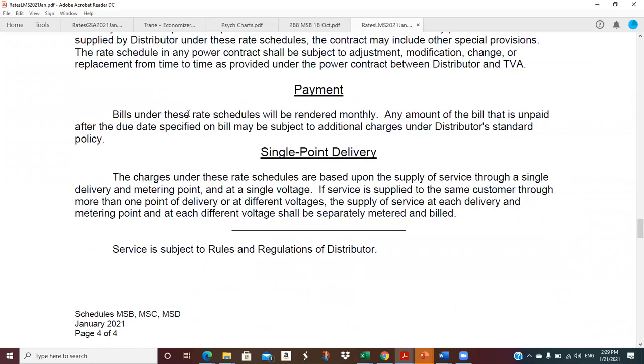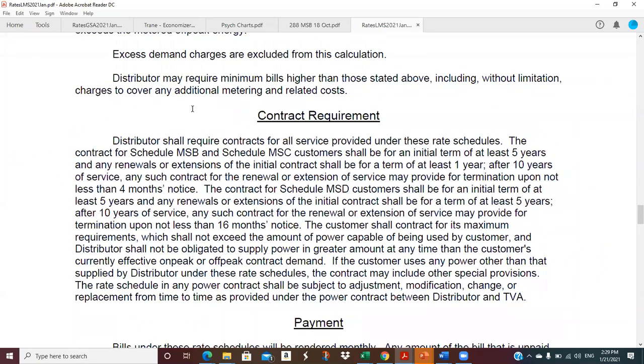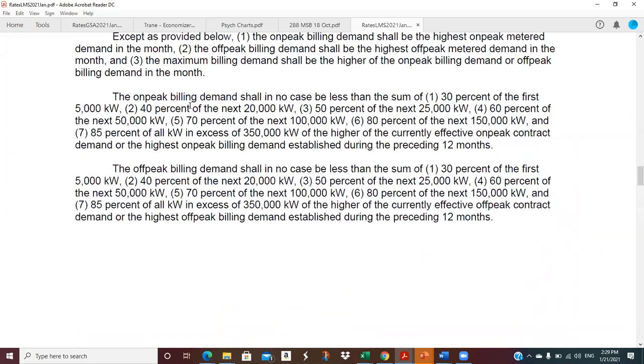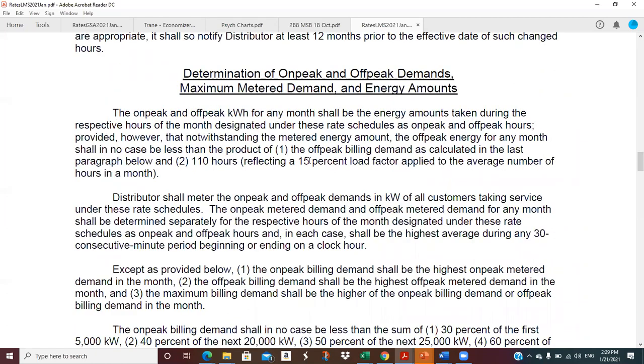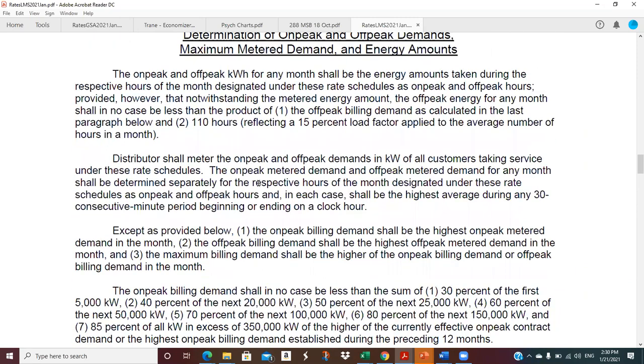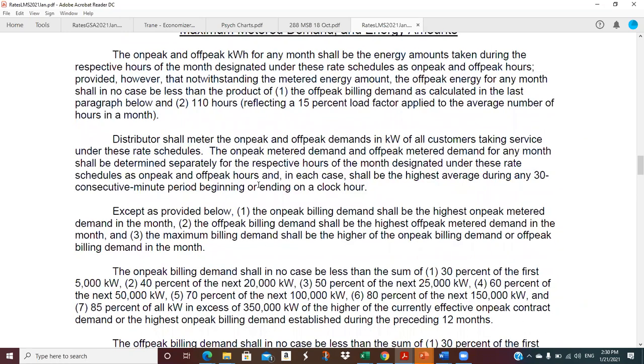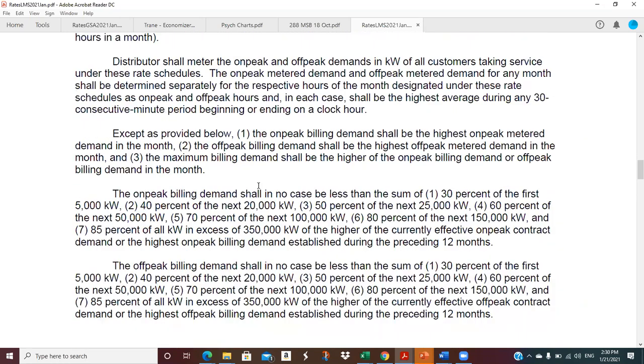So let's see if we can find that description, contract, minimum bill, determination of on-peak, off-peak periods. Where are they giving the months?